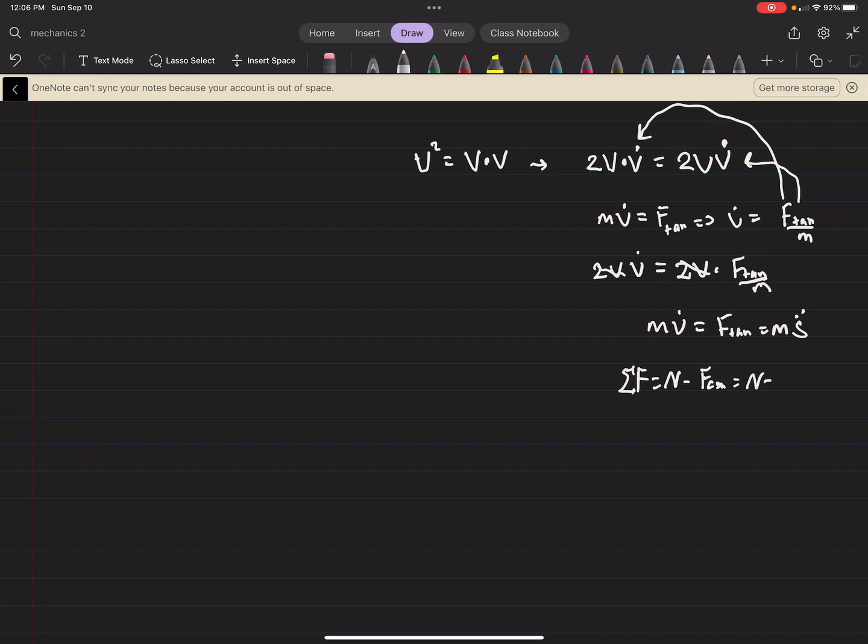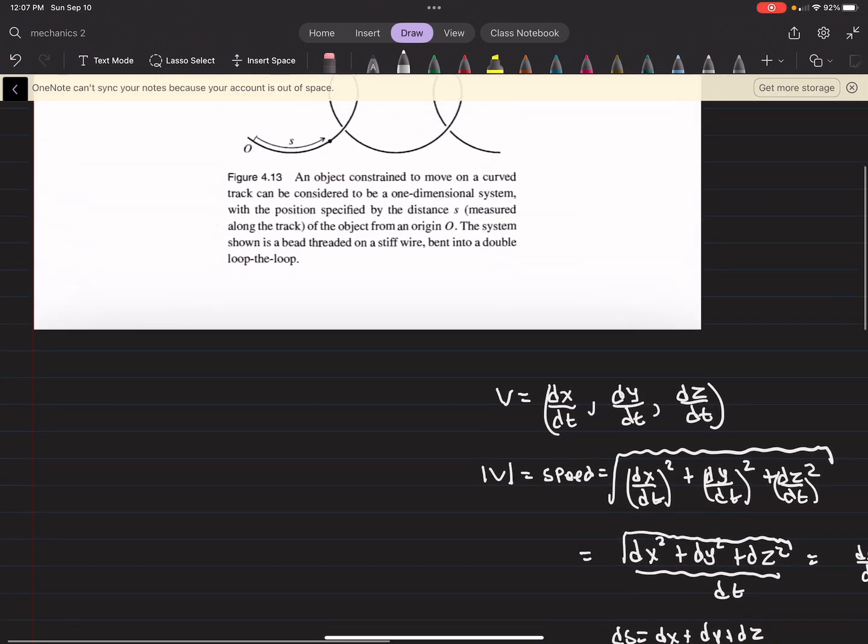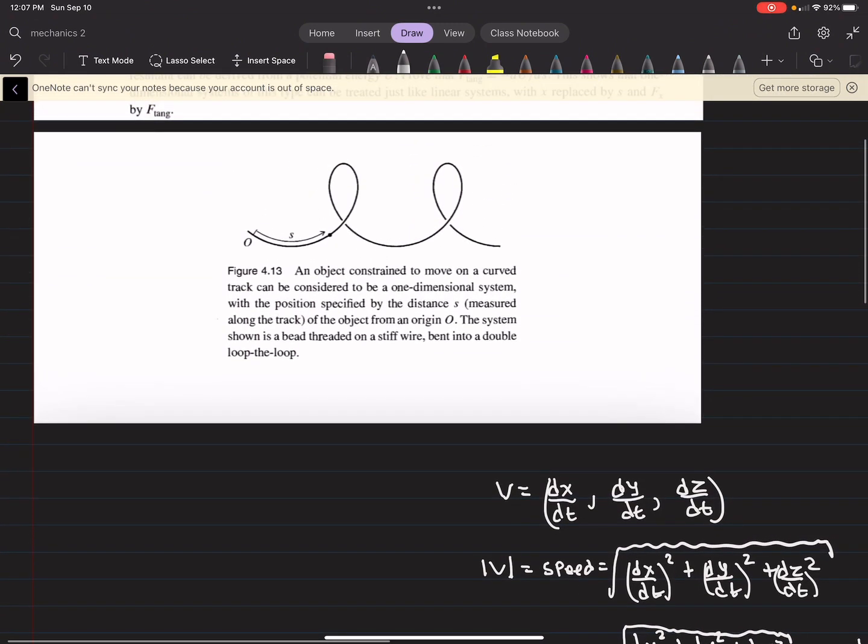So we'll say F equals the normal force minus, since they're conservative, the gradient of U. Now, if we want the tangential part of our force, notice that the normal force is always perpendicular to s, the direction that we're traveling.